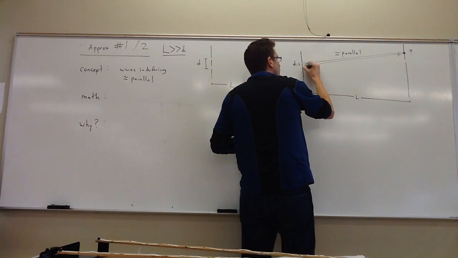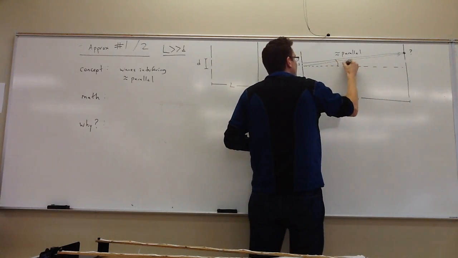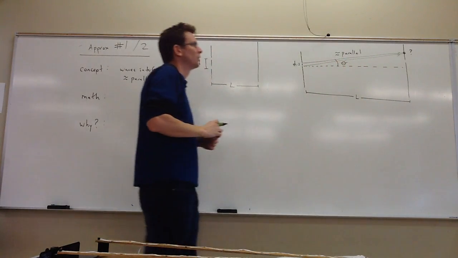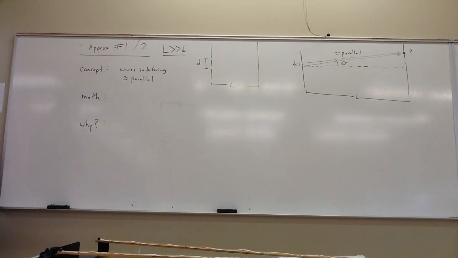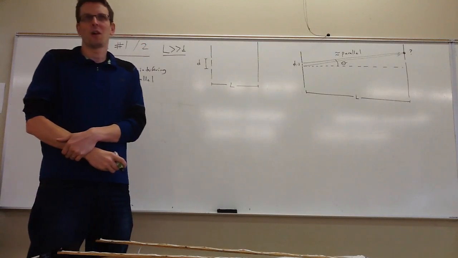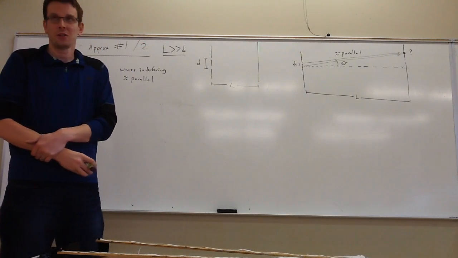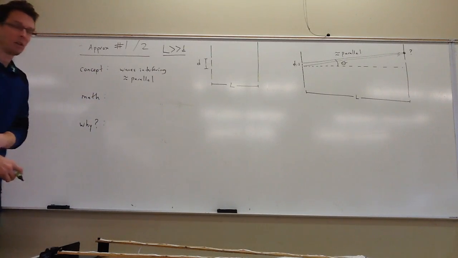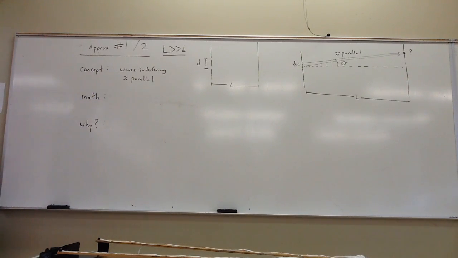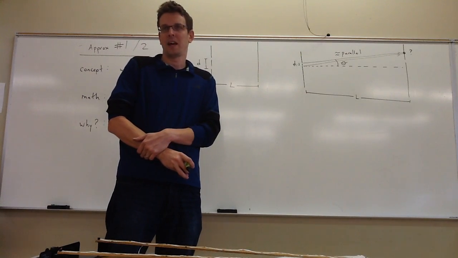So oftentimes what we also do is define an angle theta. That angle theta is basically how angled these two rays are from the midline. So if you imagine drawing a line straight from the slits to the center of the screen, how different are the two from that?